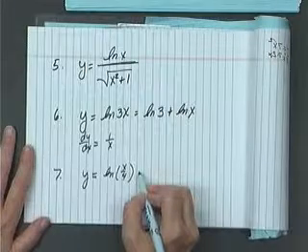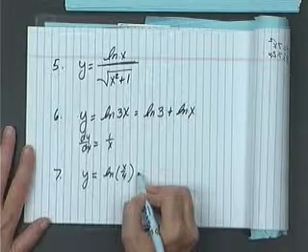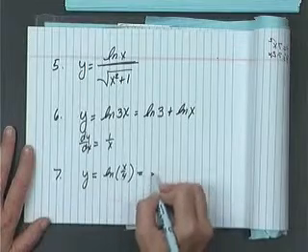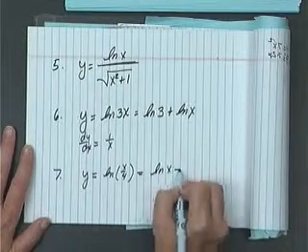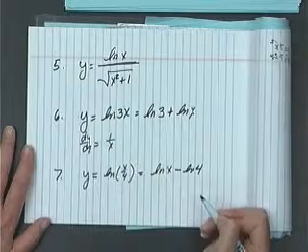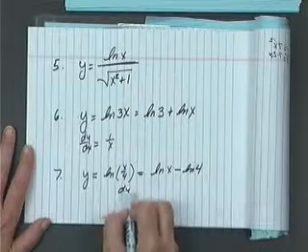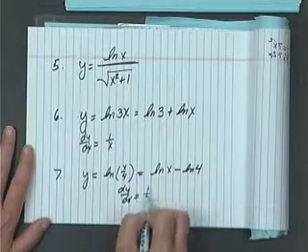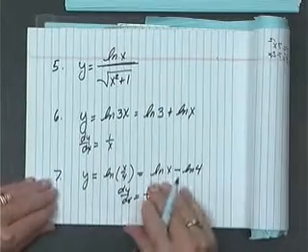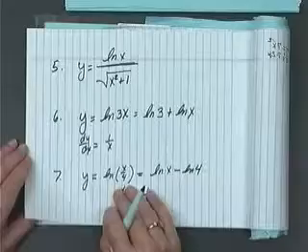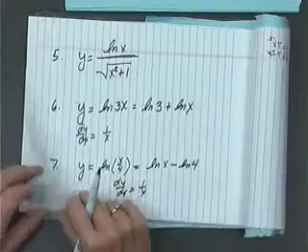What'd you get, everybody? 1 over x. This is natural log of x minus natural log of 4, just using my property. So the derivative is 1 over x. All right, one last one, and then we're going to head to the chain rule, which these could also be done by.